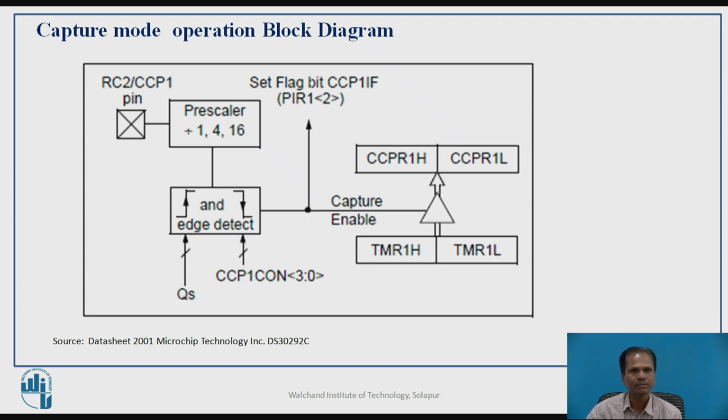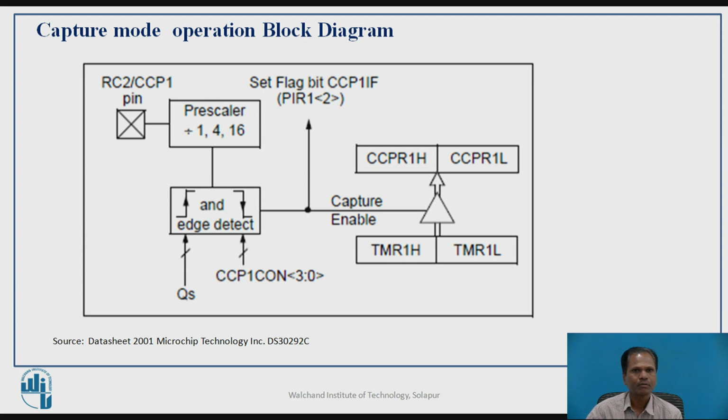That pulse signal is divided by a certain factor using a software programmable prescaler, like divide by 1, divide by 4, divide by 16, as well as the rising edge or falling edge, which is also programmed using the least significant 4 bits of CCP1CON register. So that is programmed for the prescaler.